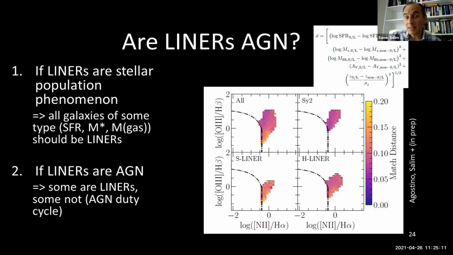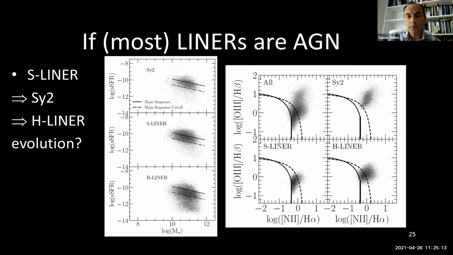So that may indicate that at least some of these could be AGN. One can maybe even speculate about an evolutionary sequence, in which in some initial phase AGN start as soft LINERs, then shoot up along what is known as the Seyfert branch, and then become more quiescent later on.